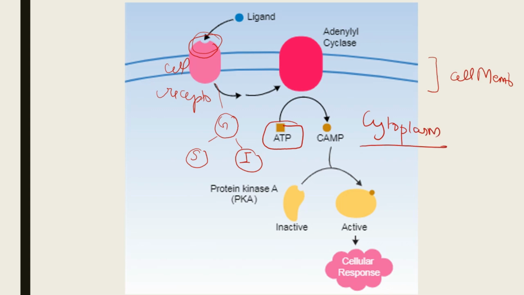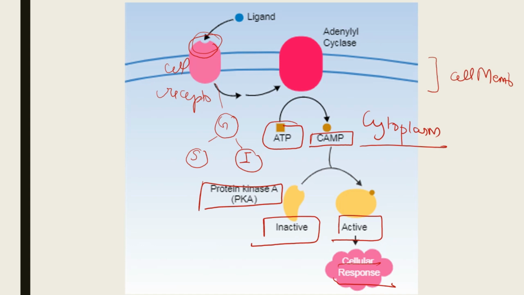So cytoplasmic ATP is located inside the cell, in the cytoplasm. This cytoplasmic ATP in the presence of adenylyl cyclase enzyme will convert into cyclic AMP, and this will further be inactive or active depending upon the presence of protein kinase A. So if it is having protein kinase A, this can be in an active state resulting in a cellular response, but if protein kinase A is not active, it will result in inactivation.